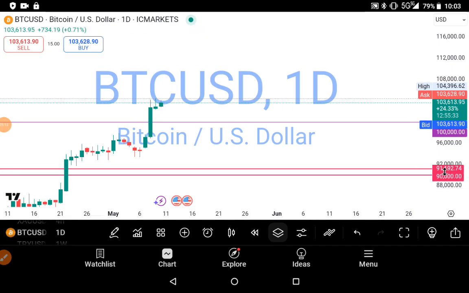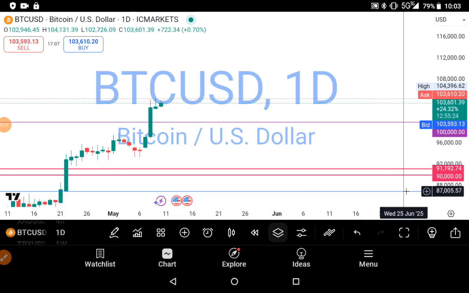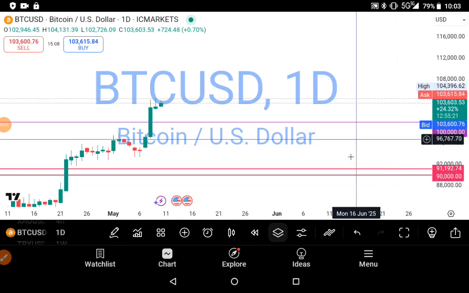So as long as the market price stays above 90,000, I had been interested in 100,000, and presently it's trading at around 103,600 or thereabout now.